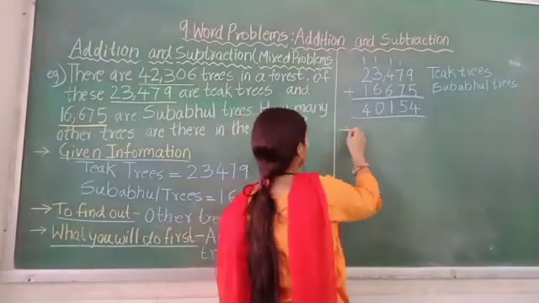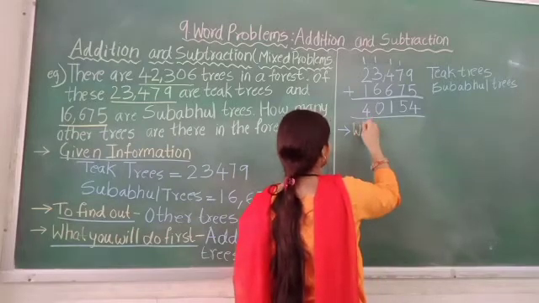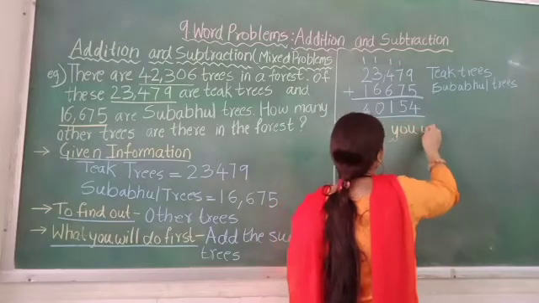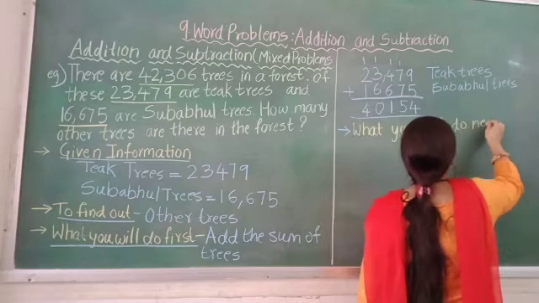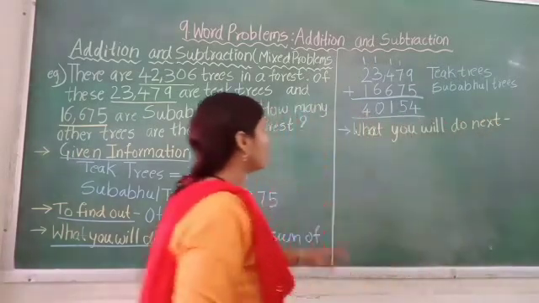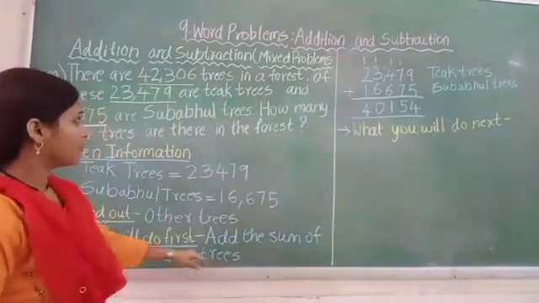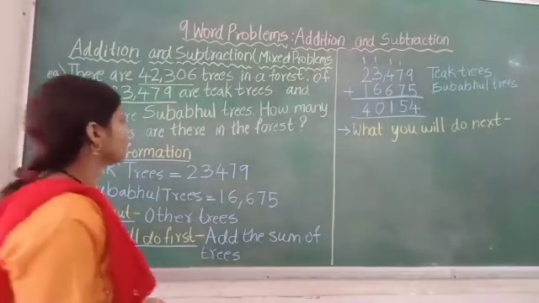Now what will you do next? Here you have to write what you will do next. Now after adding both the trees, what will we do? We will subtract the sum from the total number of trees.